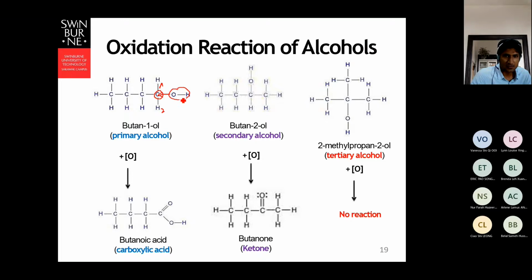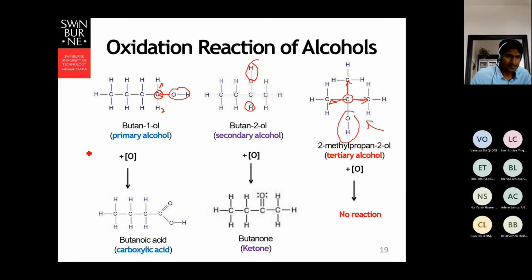This is a secondary alcohol because the carbon with the hydroxyl has only one hydrogen attached. And this is a third degree alcohol because the carbon with the hydroxyl does not have any hydrogen, but is directly attached to three other carbons. Since there is no hydrogen here, it does not have any option to replace anything.